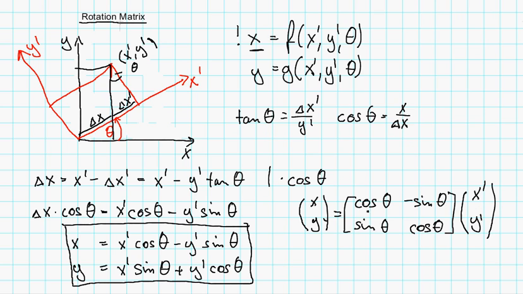So this is a matrix multiplication with a vector. You apply this matrix on this vector, and if you multiply it, you have cosine theta x prime minus sine theta y prime. This is the first line, and this is the first component of this vector.